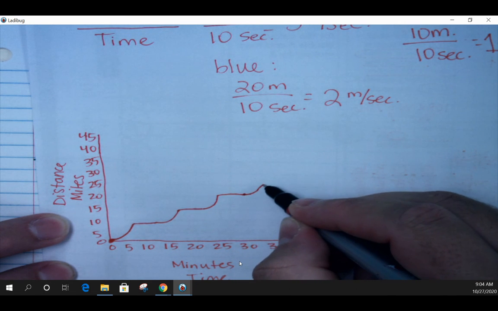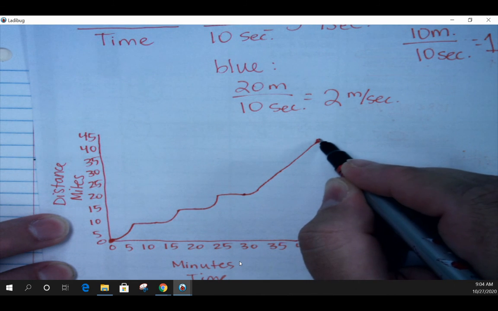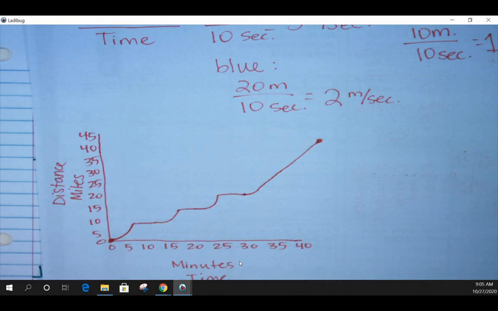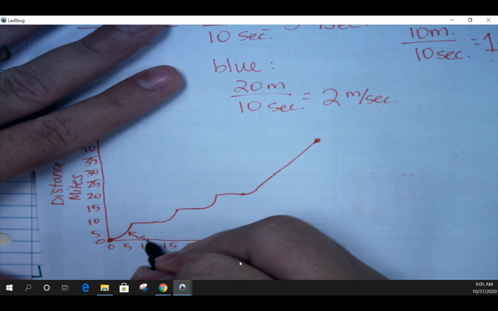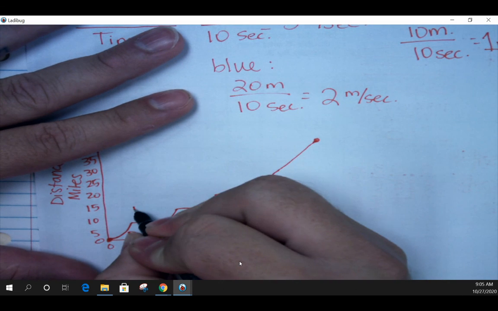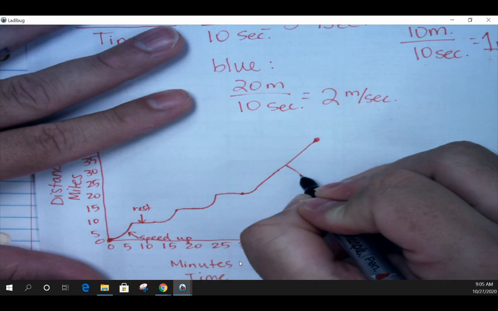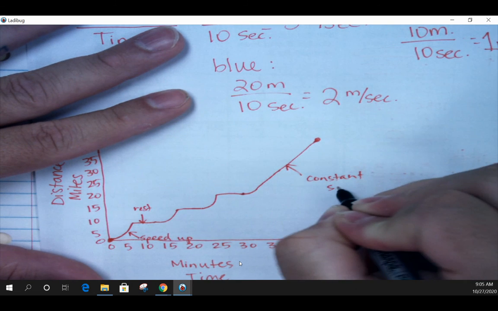Sped up and then constant speed. And you got to school. So this would be speed up. This would be rest. This would be constant speed.